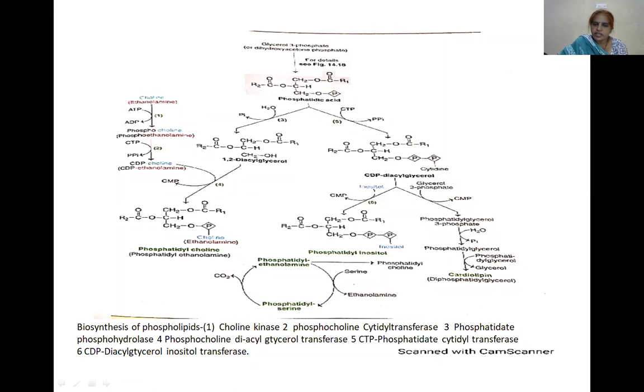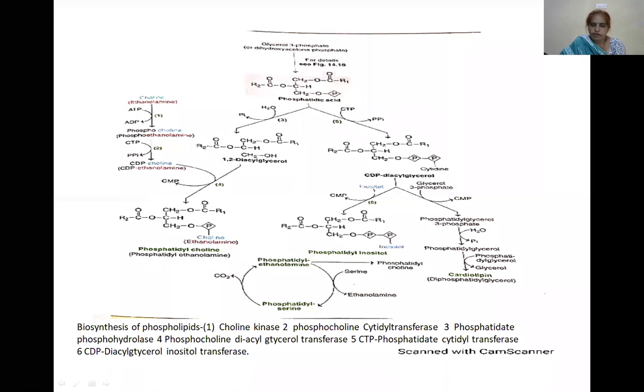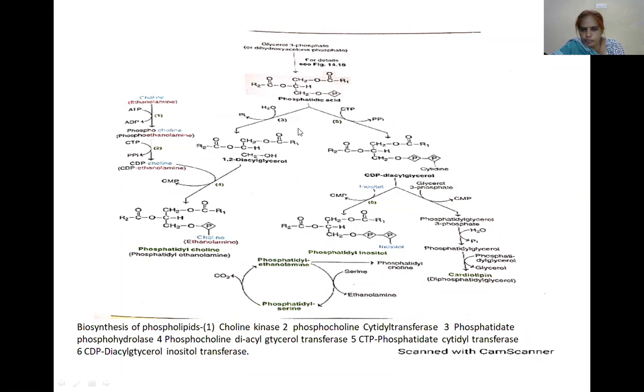Phosphoric acid is converted to 1,2-diacylglycerol, and this reaction is catalyzed by phosphatidate phosphohydrolase. Phosphoric acid and 1,2-diacylglycerol are the main sources for the synthesis of phospholipids, and these two are also intermediates in the synthesis of triacylglycerol.